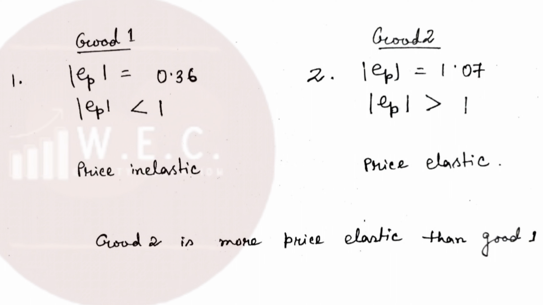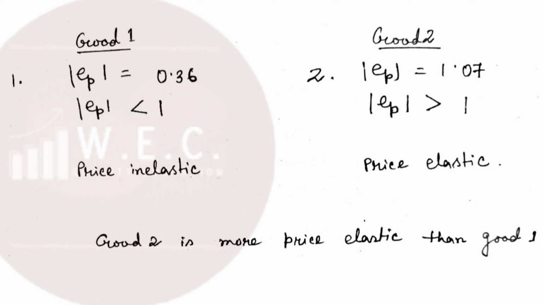That means if price rises or falls by 1 unit, then the quantity demanded of good 1 will fall or rise by 0.36 unit, whereas for good 2 it will fall or rise by 1.07 unit. So if the price elasticity of one good is more than another good, then it can easily be said that the former good is more price elastic than the latter good.